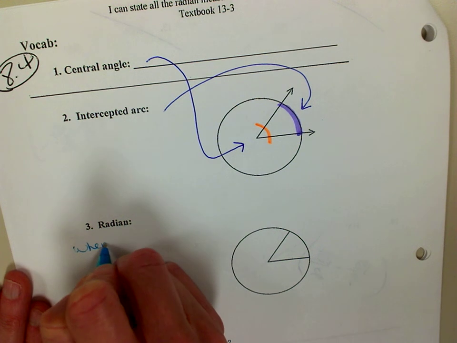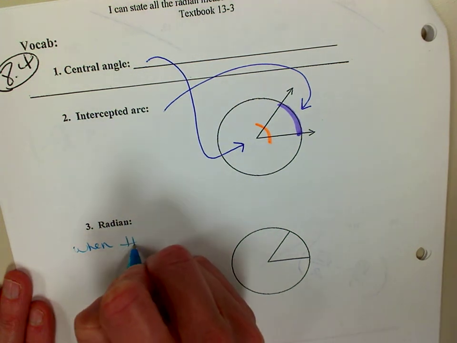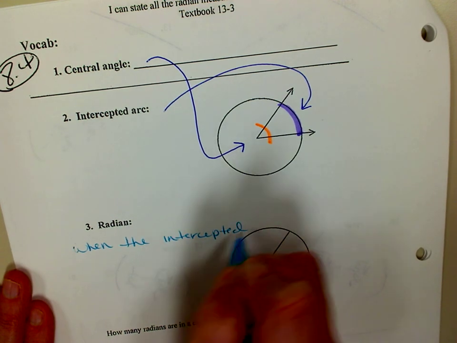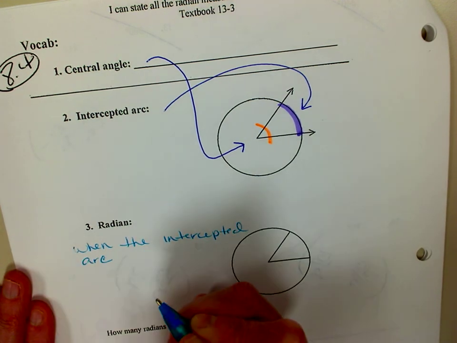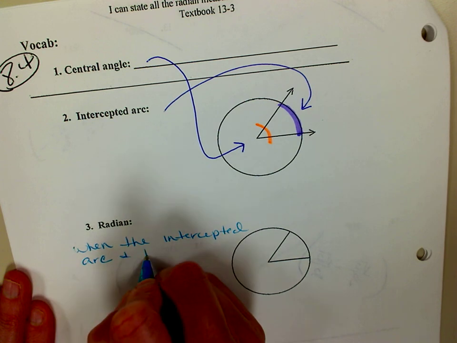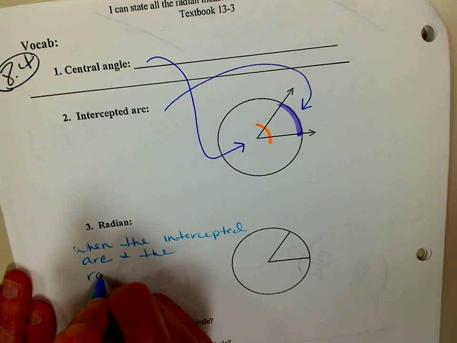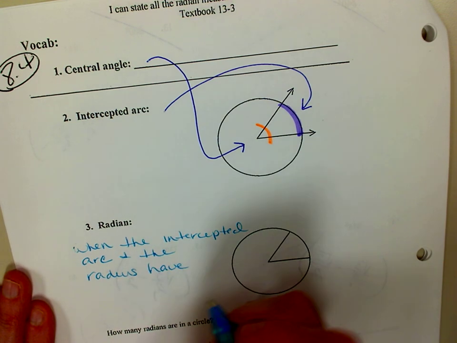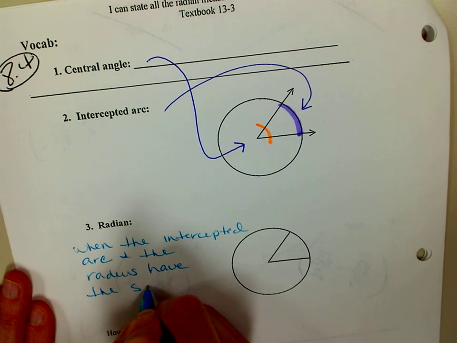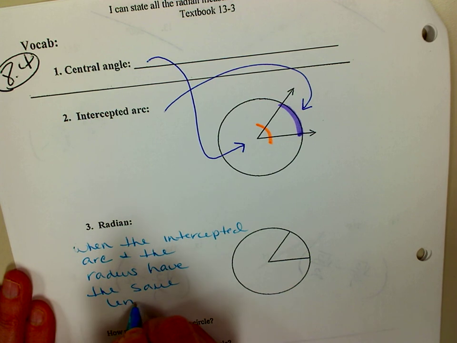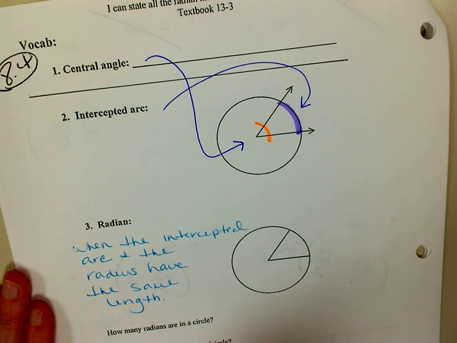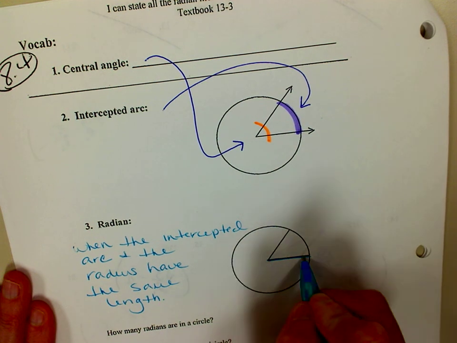It is when the intercepted arc and the radius have the same length. So this is the radius.